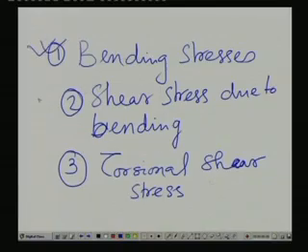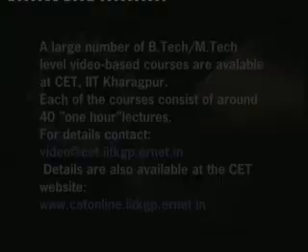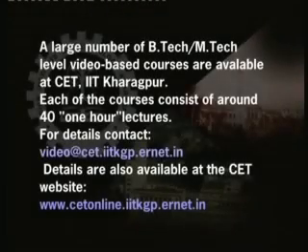These are very important stresses that develop in a machine element. In further classes, in addition to the main categories of stresses we learned in the earlier class, the axial stresses and the direct shear stresses, today we have learned about bending stresses, shear stresses due to bending and torsional shear stresses, and something more relevant we will be learning in the next classes. Thank you.